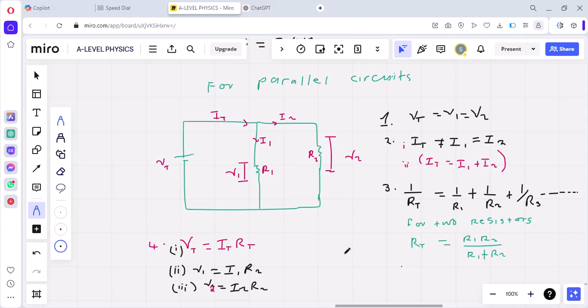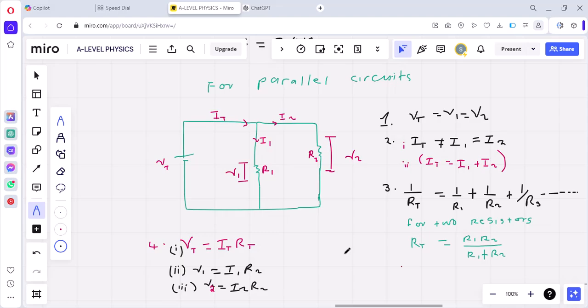How about problems that involve resistors that are connected in parallel? We can also come up with some hints that will help us solve such problems.